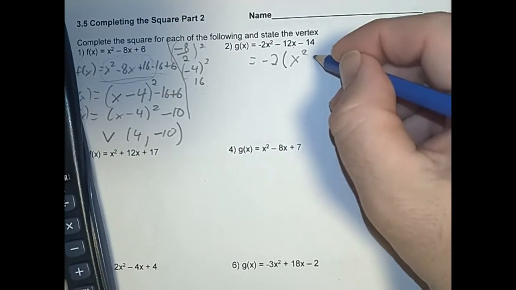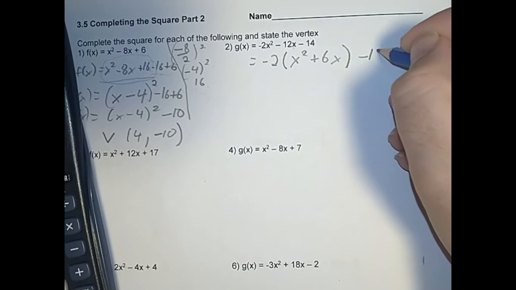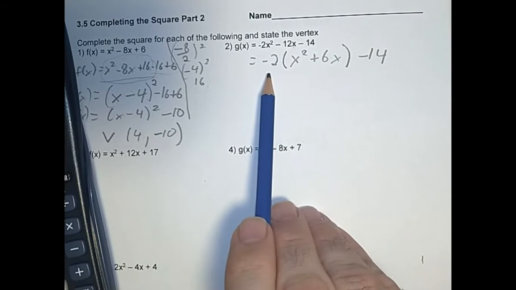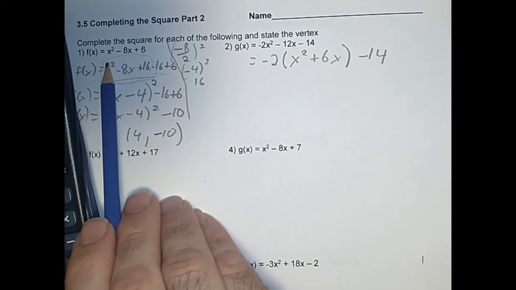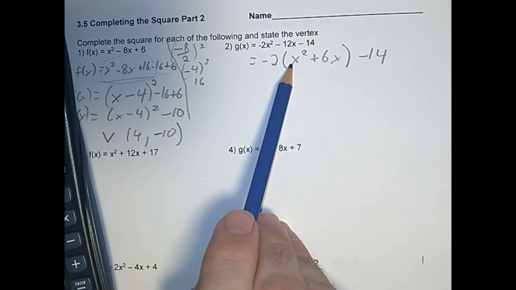So plus 6x minus 14. So you take the first two terms and you have to factor something out. You didn't have to do it in the easier case because it's already x squared. You want x squared so you can use this method.